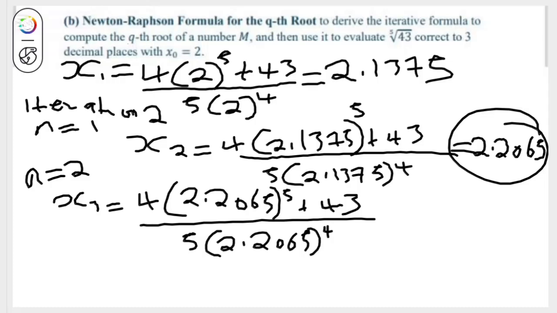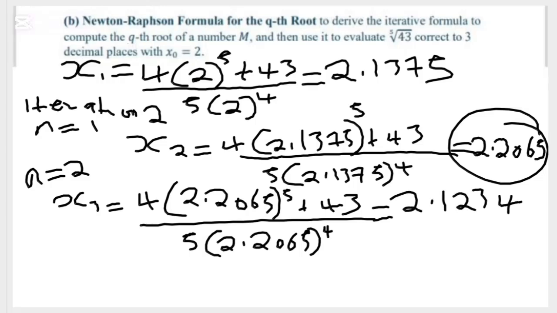So let me see what we are going to get. At the end, I'll get 2.1234.